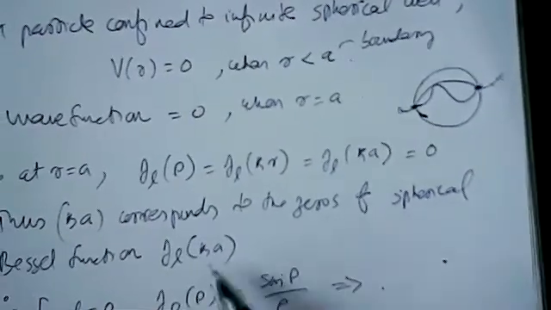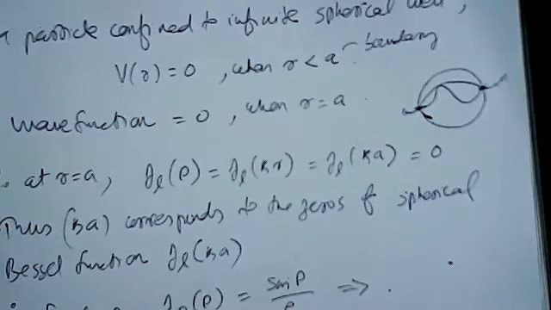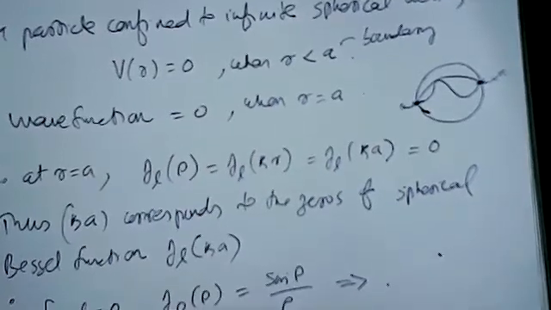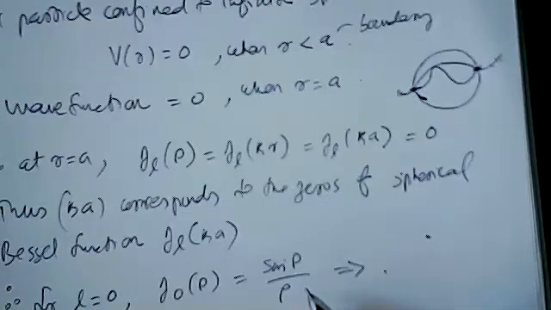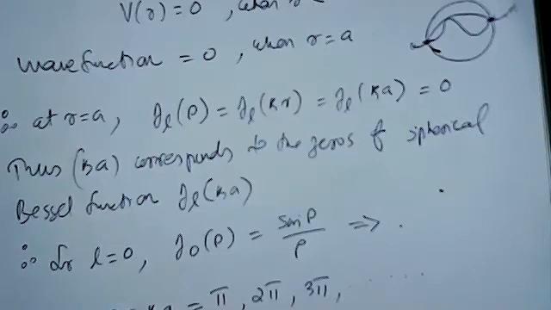j_l of ka. Therefore, for l equal to 0, the ground state, j_0 of rho is sine rho by rho, which we already wrote just now. So you put rho equal to ka.